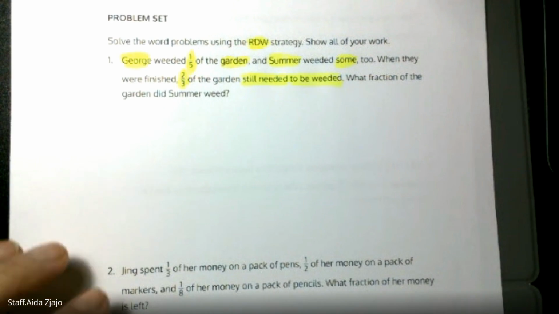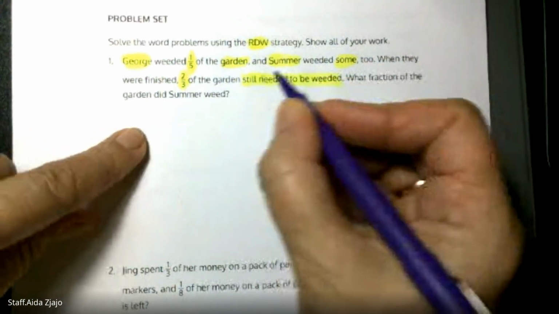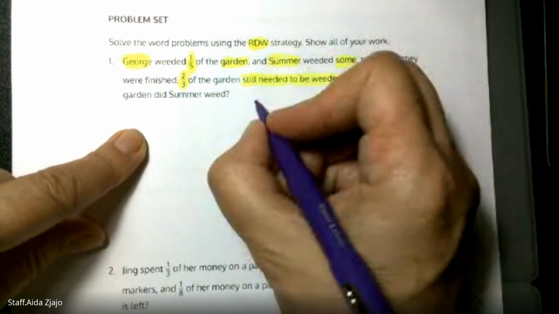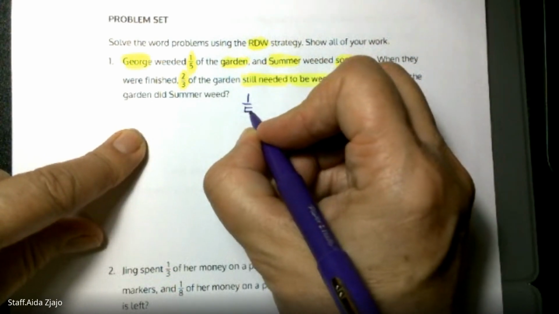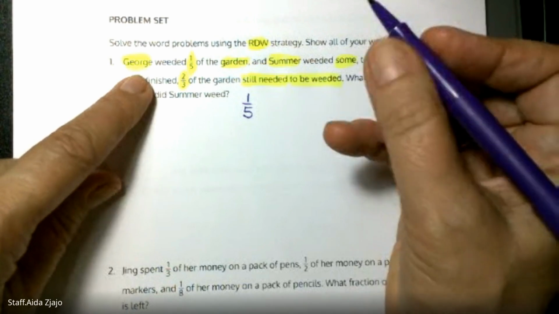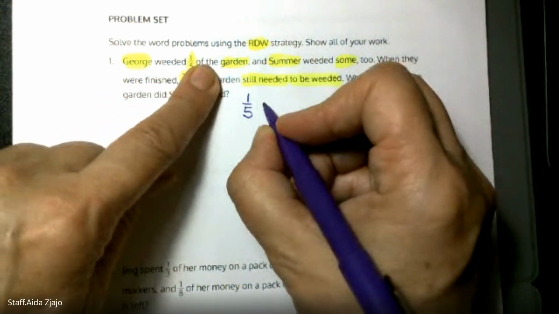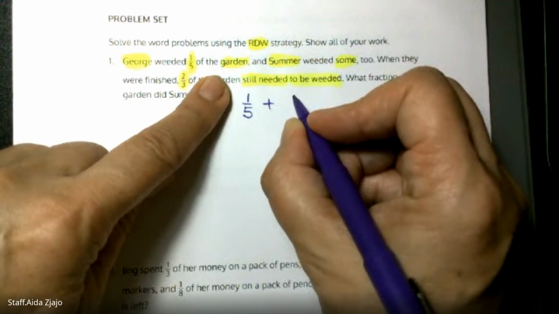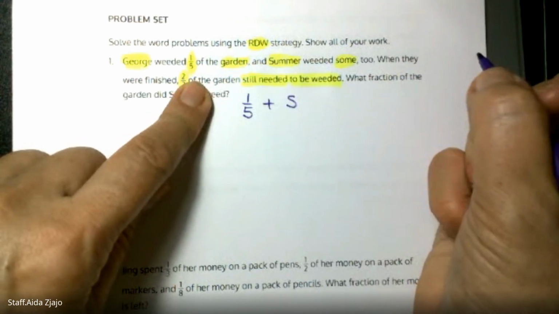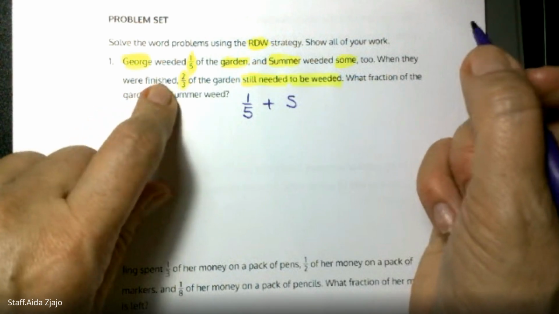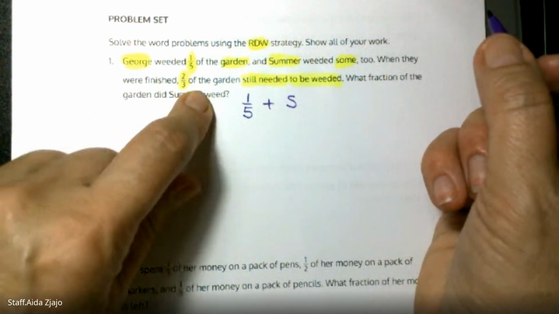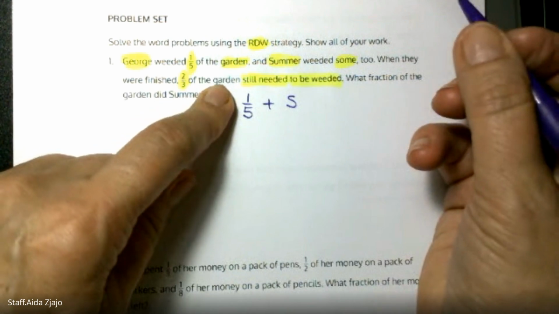So imagine that this is a whole garden and 1/5 did George, plus Summer did some of it. When they finished, 2/3 of the garden still needed to be weeded.